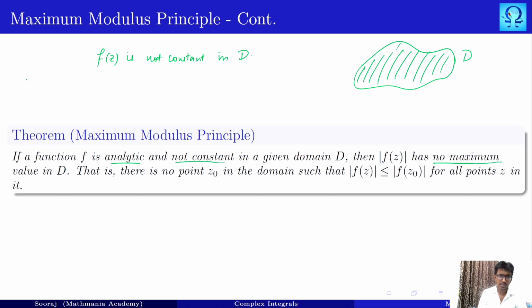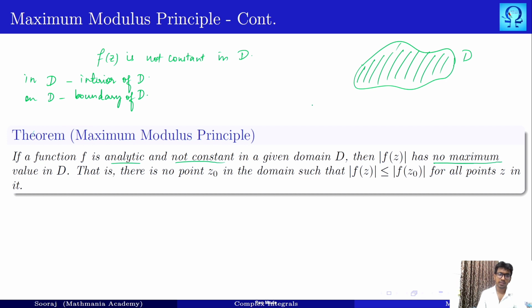There are some terminologies which we'll have to understand. In D means interior of D. On D means on the boundary of D. If it is outside D, that means the exterior of D, or we say outside D, that we know.